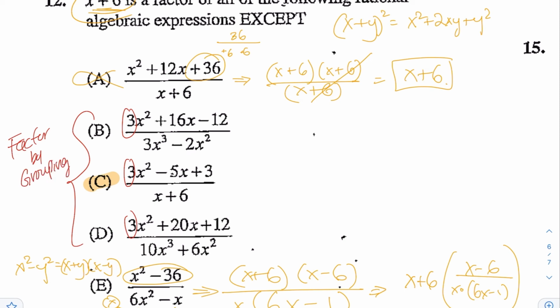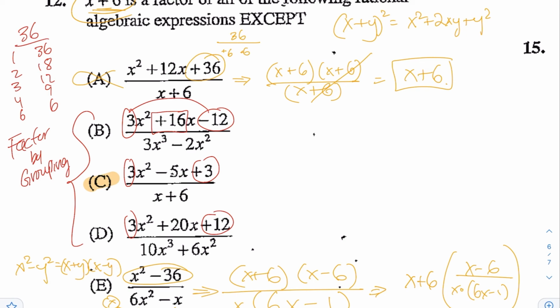And to do factor by grouping, you have to multiply the first term times the last term in the numerator. So here, you want to look for factors of 3 times 12, or 36. So that's 1 and 36, 2 and 18, 3 and 12, 4 and 9, and 6 and 6. And you want them to add up to 16.